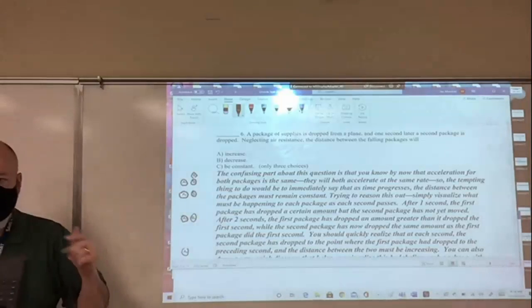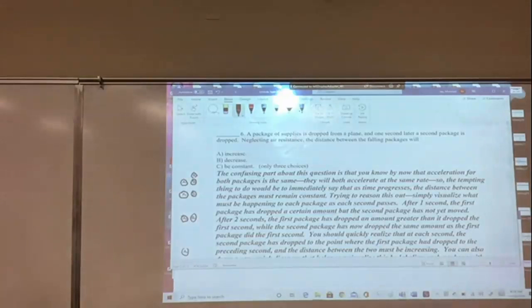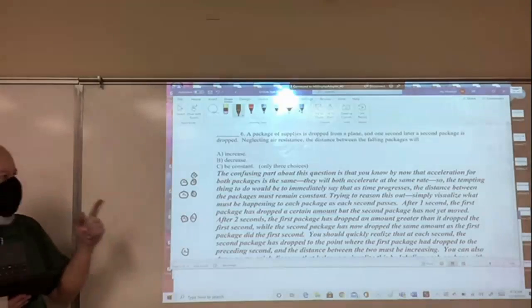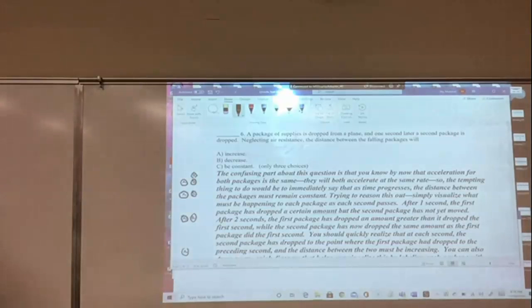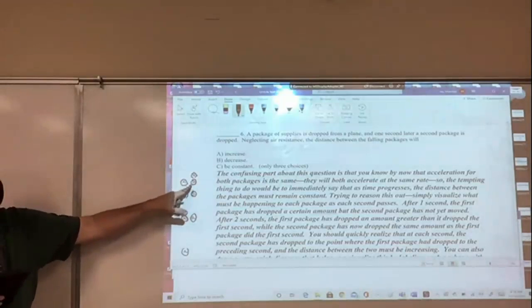Okay? So you have two choices. You either know this because we talked about it and we said this is a tricky problem, or you do this when you get to the problem if you forget. Just write out a little diagram and see what is happening after each second.